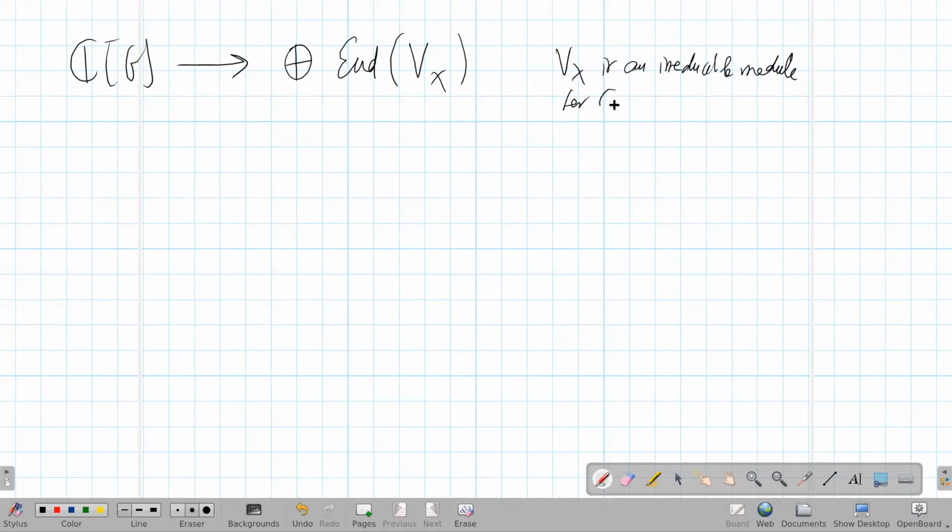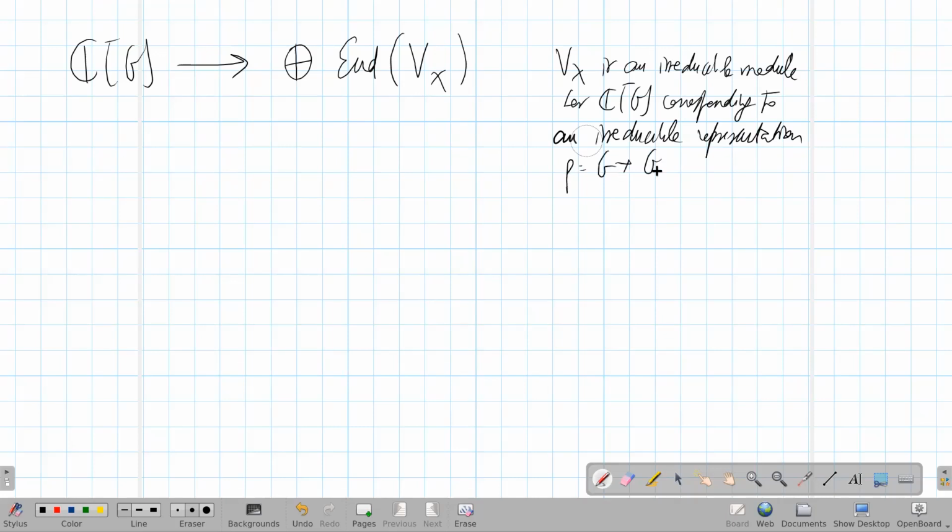for CG, for the group algebra, corresponding to an irreducible representation, Rho from G to GL V chi, whose character is chi.